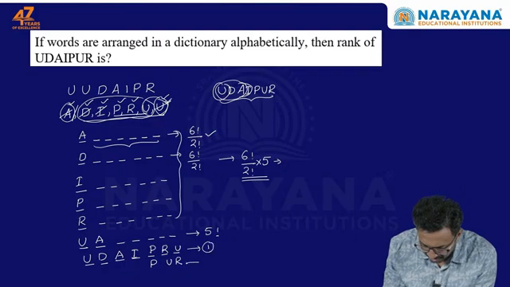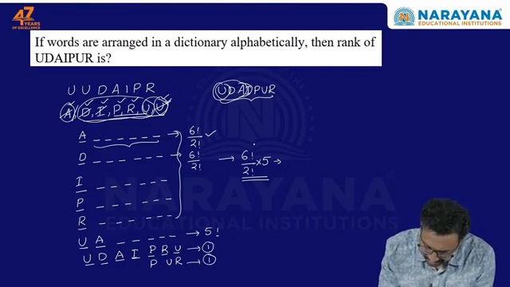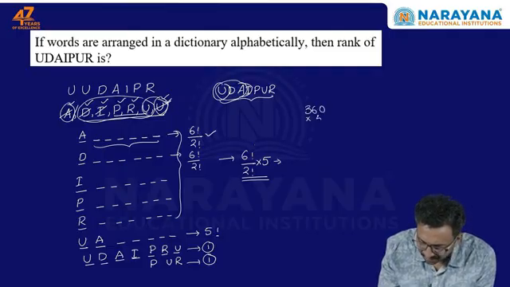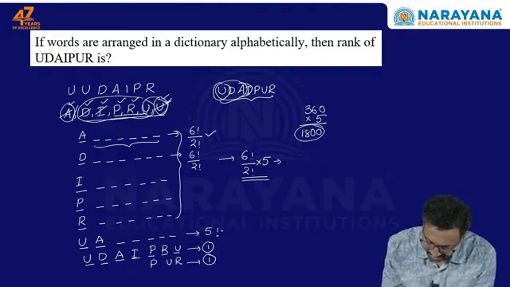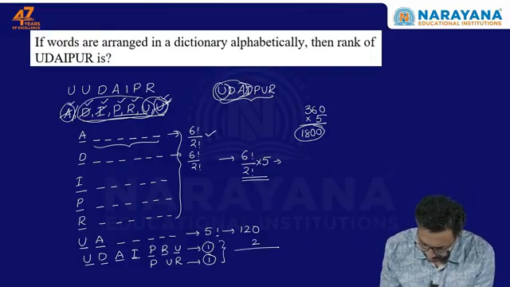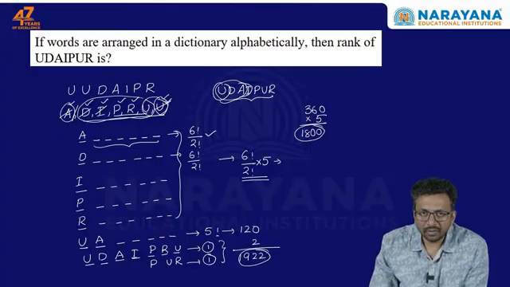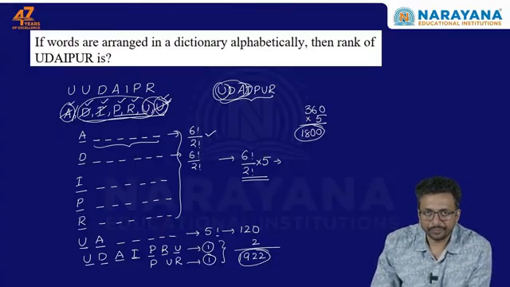So this is one word, and Udaipur is the next word. So if you calculate, 6 factorial is 720 by 2, 360 into 5, so you have 1800 words initially, then 5 factorial is 120, and then 2 words. So the total rank is 1922. So the rank of the word Udaipur will be 1922.